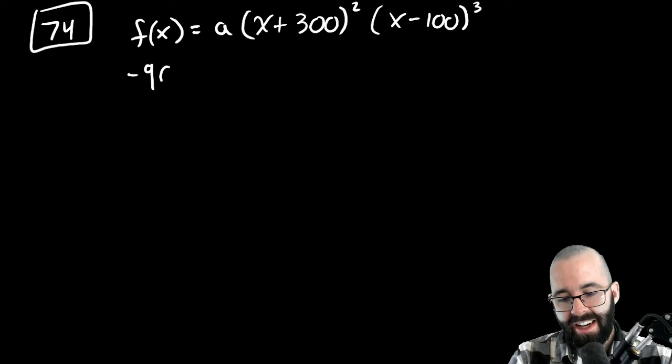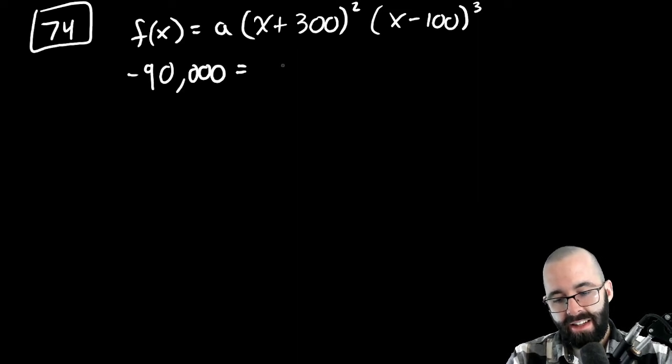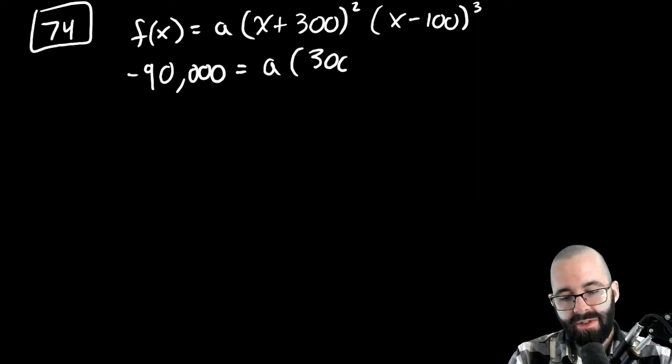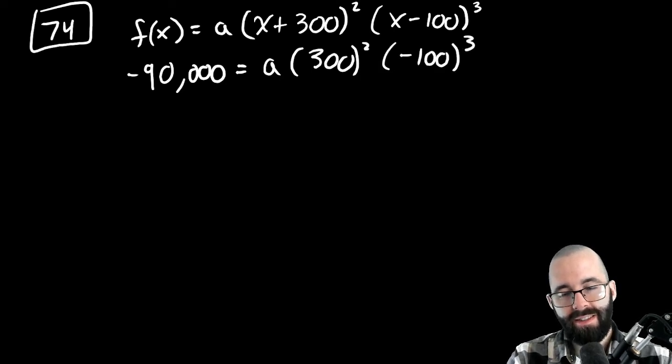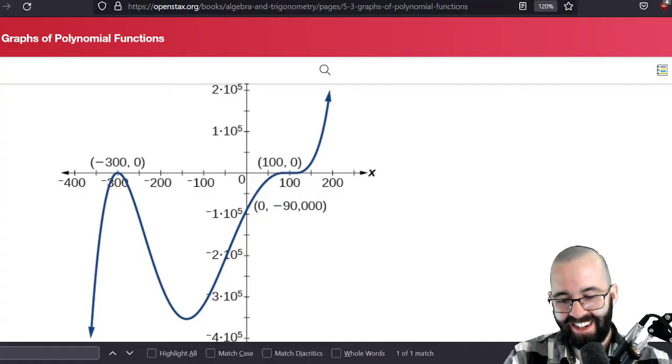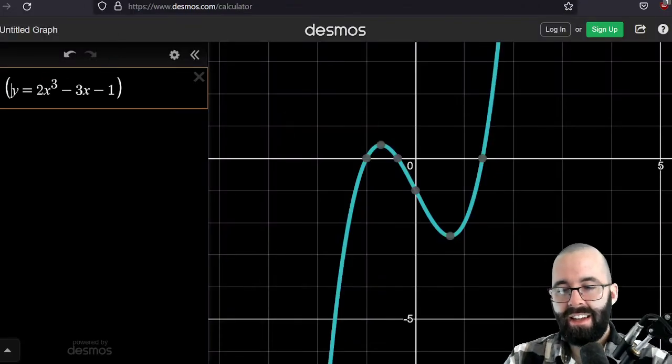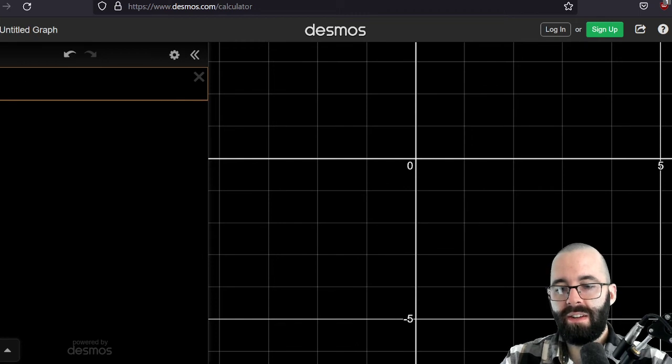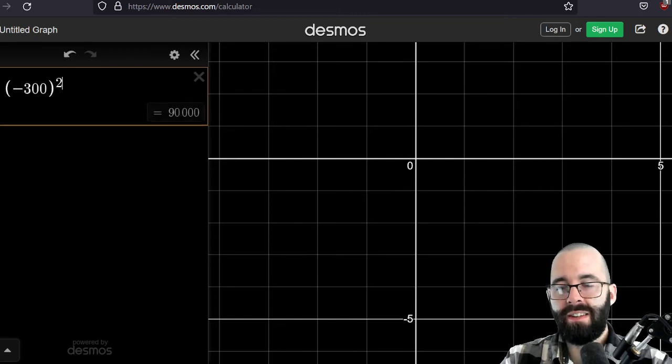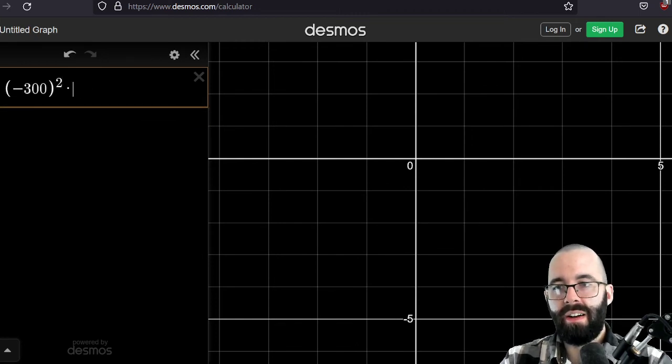All right, so -90,000 is a times 300 squared times -100 cubed. You're definitely going to want to type this right-hand side into a calculator, right? 300 squared times -100 cubed.